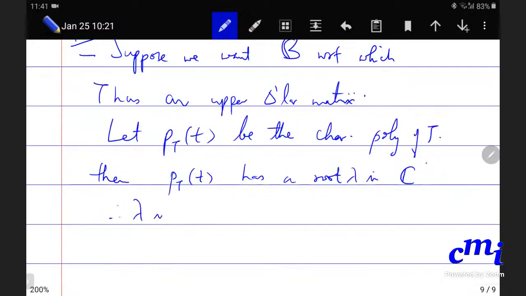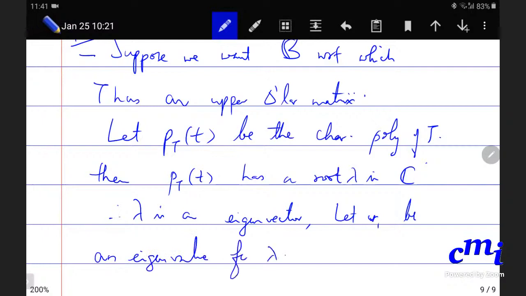Therefore, lambda is an eigenvalue. Let v1 be an eigenvector for lambda. So we have found one vector that can sit as the first vector of the basis.